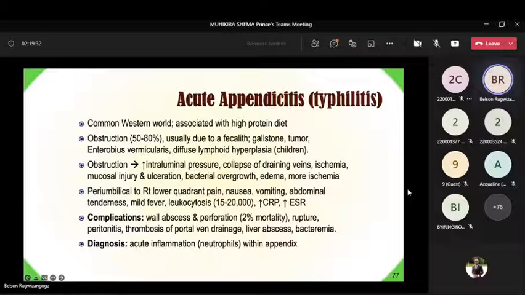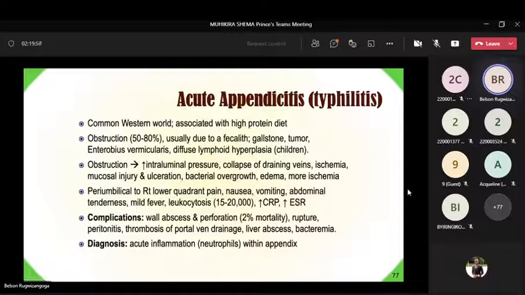Complications: there may be a wall abscess, or perforation, and in this, 2% of the patients will die. So when you see a patient with appendicitis dying, you don't think it is a mistake of a medical doctor and so on. It happens. There can be a rupture, and of course peritonitis. Whenever there is a perforation and rupture, the next will be peritonitis.